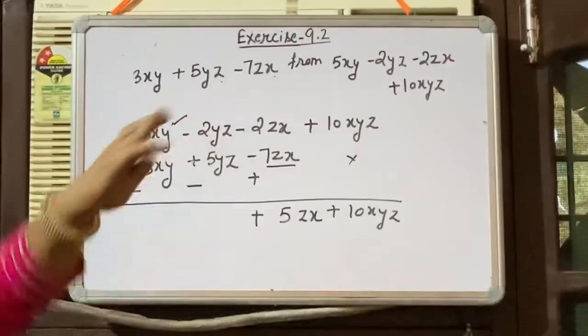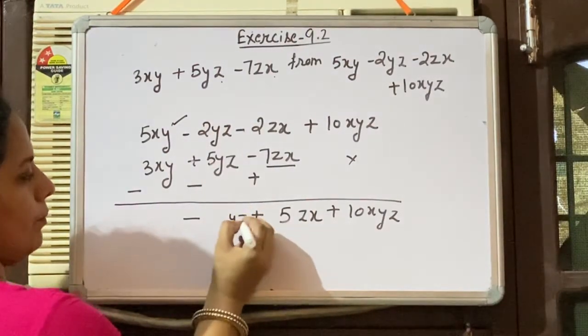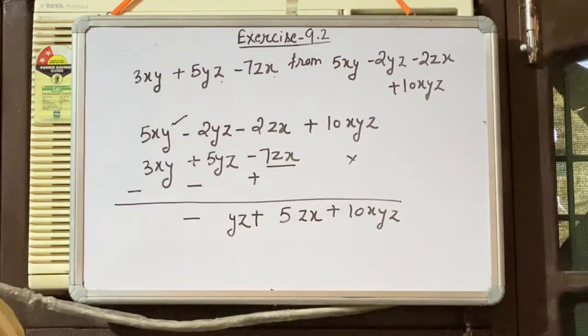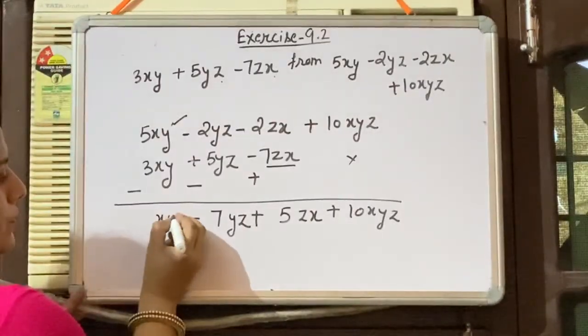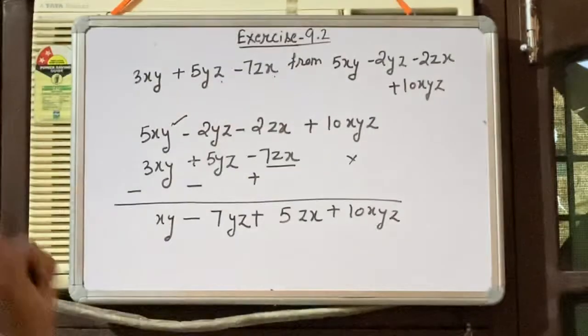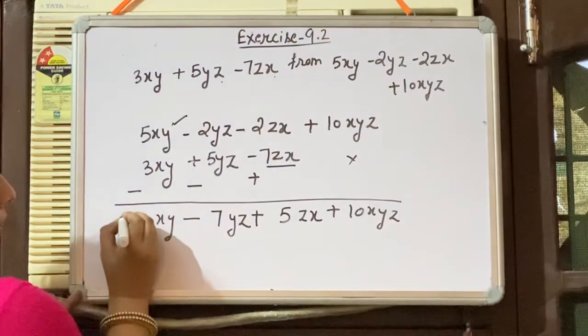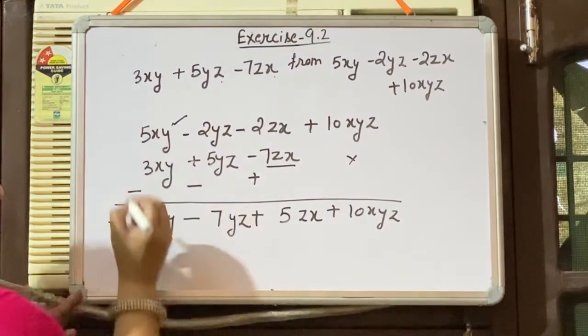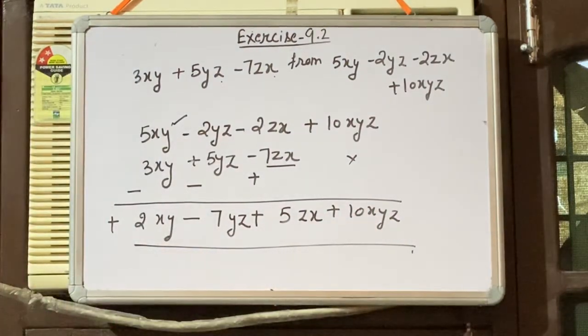Negative, negative, that is negative. Write the variable same to same and add the coefficients, that is 7. Here we have xy. Positive, negative is negative, but sign of the bigger term positive. 5 minus 3, that is 2. So these are the final answers.